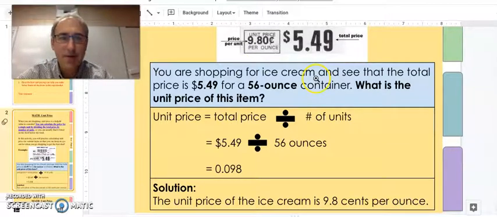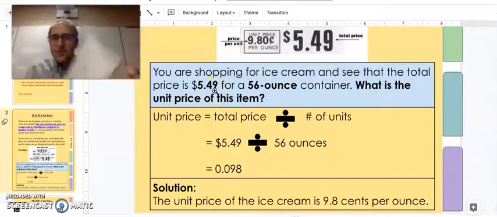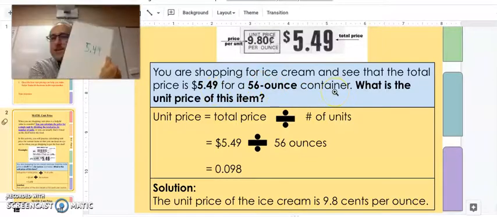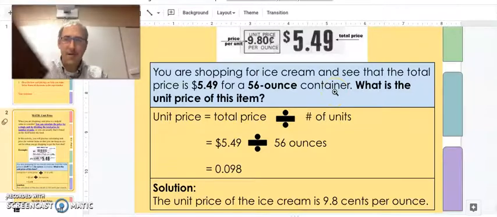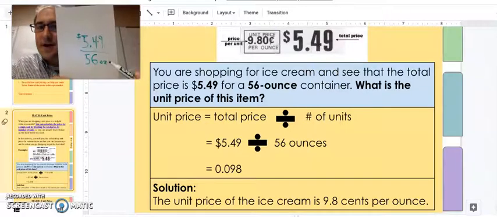You're shopping for ice cream and you see the total price is $5.49 for a 56 ounce container. So that's dollars per ounce. Dollars divided by ounces.